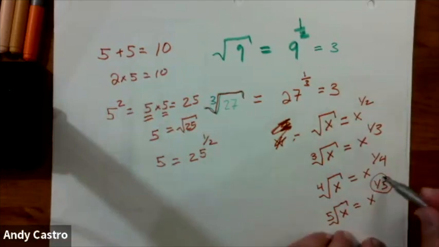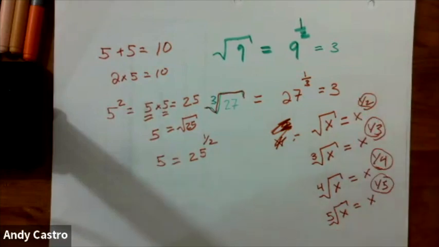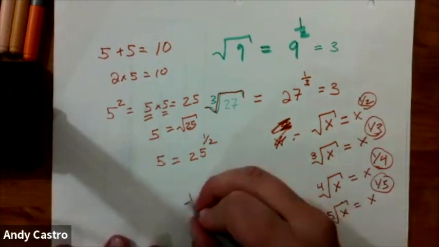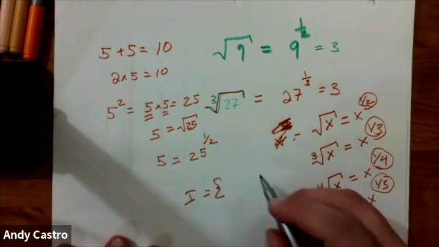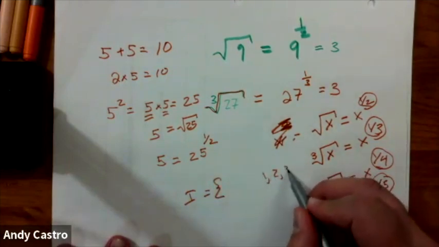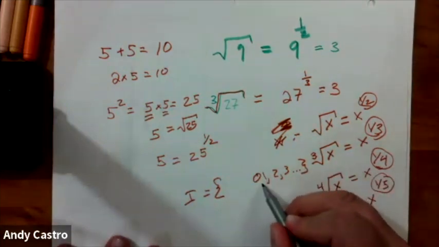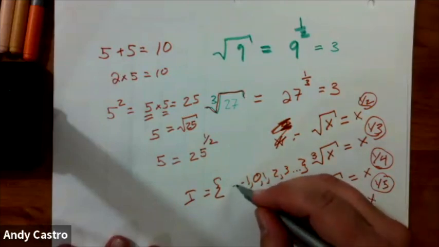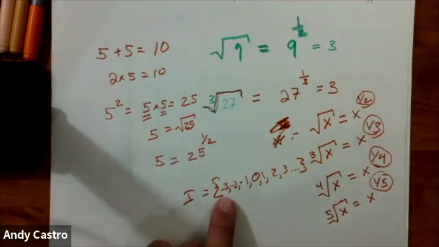So your exponents have just been integers up until this point, right? Remember, integers are the natural numbers, 1, 2, 3, so on and so forth. It's also the whole numbers, so 0 can be in there, and the opposite of the natural numbers, so -1, -2, -3, so on and so forth.